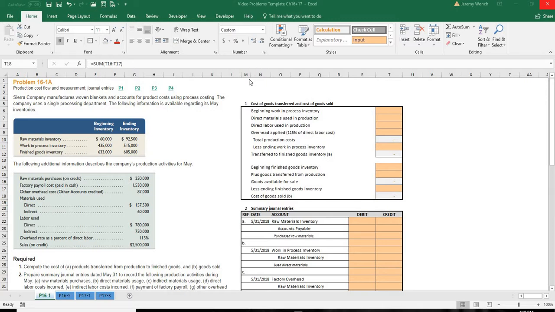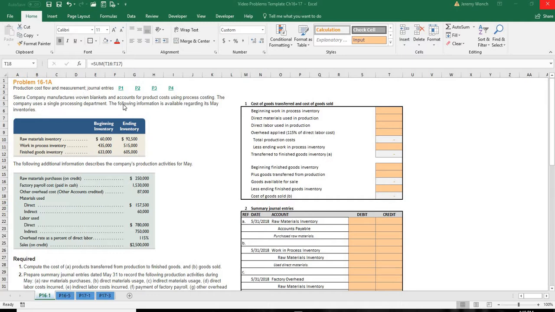So let's go ahead and start working on problem 16-1. In problem 16-1, Sierra Company manufactures woven blankets and accounts for the products using the process cost system.